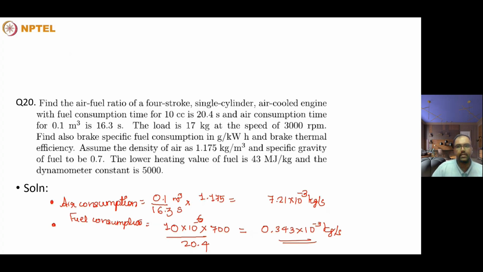So we need to calculate the air fuel ratio, the first objective of this particular problem. So the air fuel ratio is equal to mass flow rate of air to the mass flow rate of fuel.